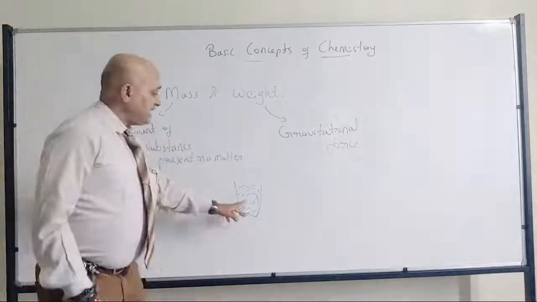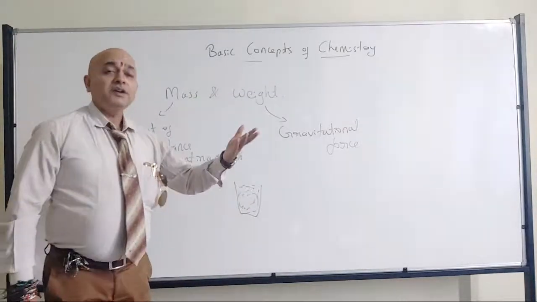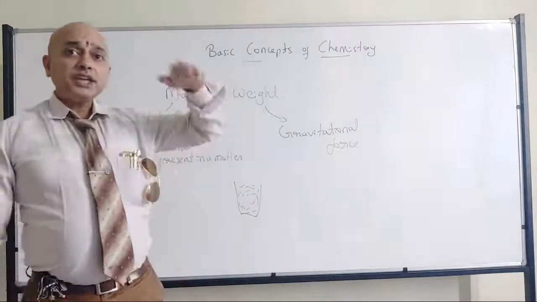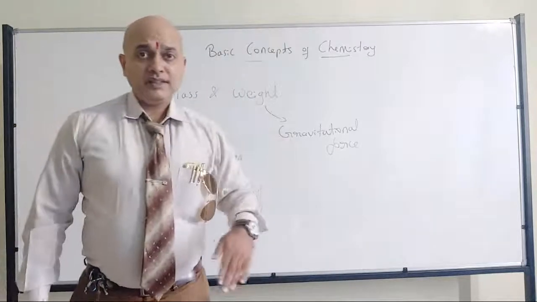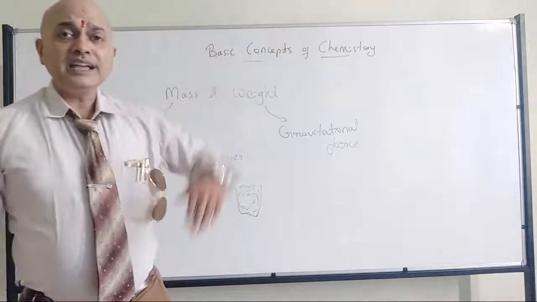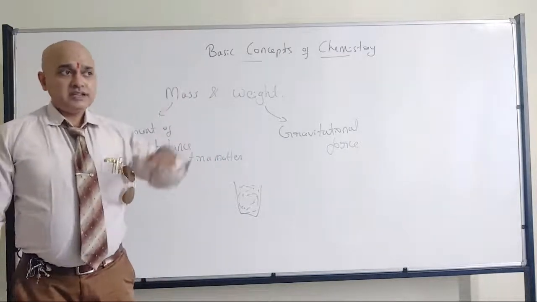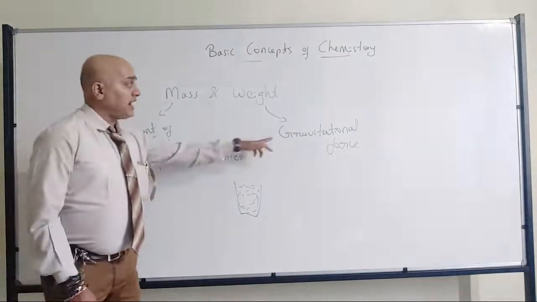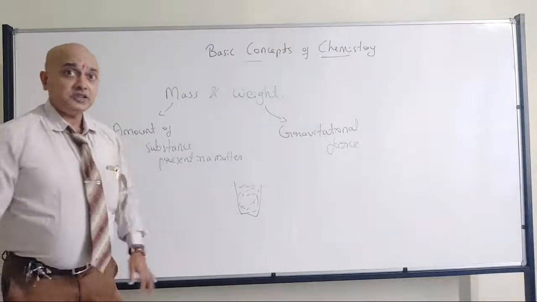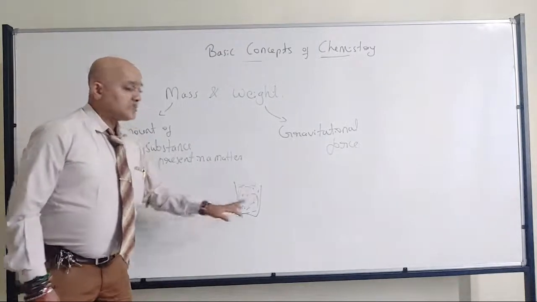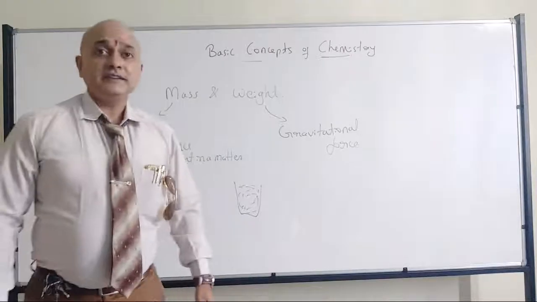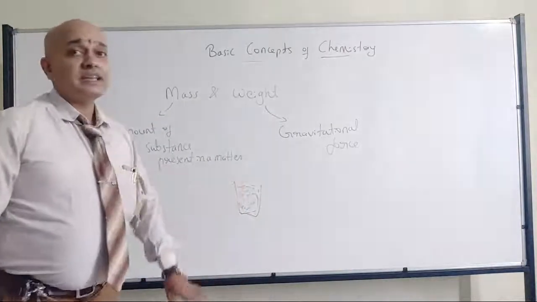To the moon, if I take it, it will have a different value because gravitational force will vary. Gravitational force will change depending on the altitude. So the weight of this is also varies, but mass will remain the same.